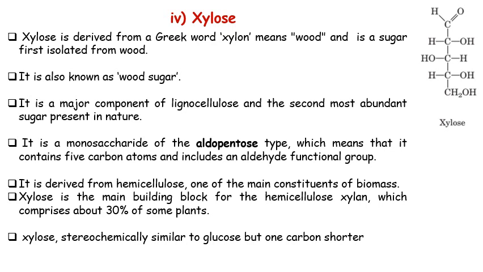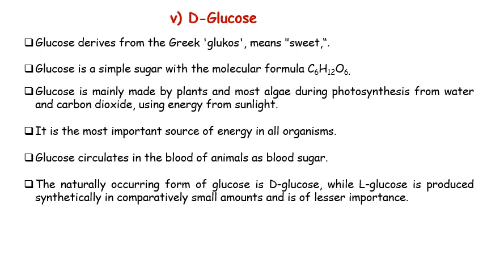Stereochemically, xylose is structurally similar to glucose, but the difference is that glucose has 6 carbon atoms while xylose has 5 carbon atoms. Otherwise, both are structurally the same. The next one is D-glucose. Glucose is derived from the Greek word glukus, which means sweet.